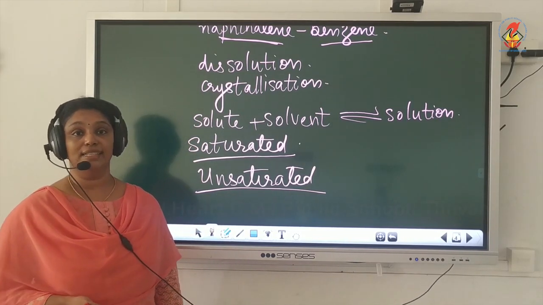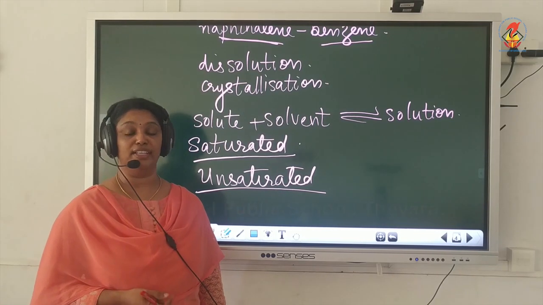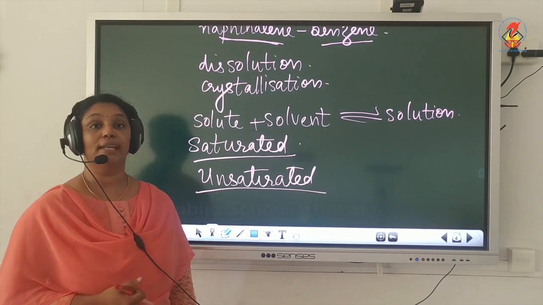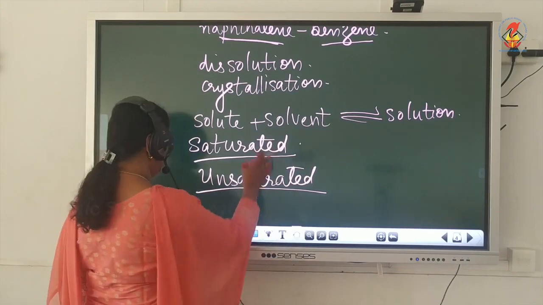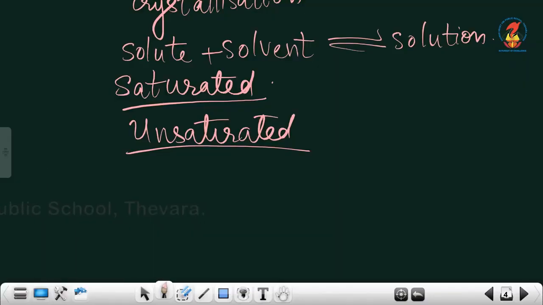Next, let's discuss the second factor that affects solubility, that is the effect of temperature on solubility of solids in liquids. So the second factor is temperature.